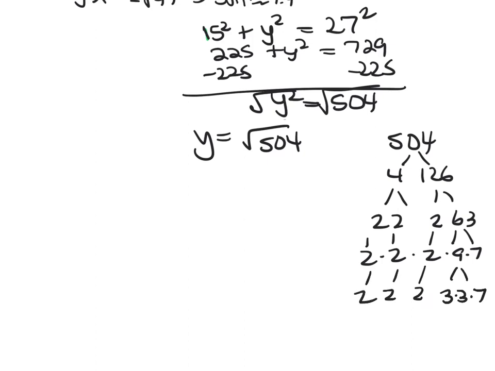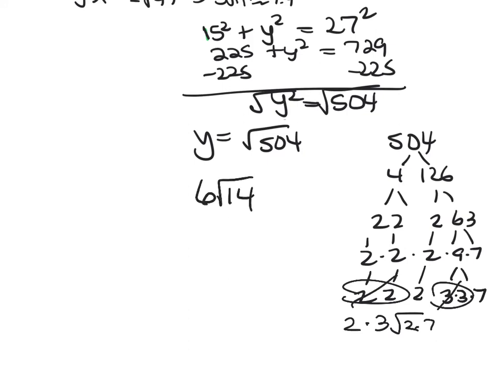Make your pairs. So 1 two comes out, 1 three comes out. Leave the 2 and the 7 underneath. So this will simplify to 6 radical 14. Again, if I needed to approximate this as a decimal, the square root of 504 is about 22.4.